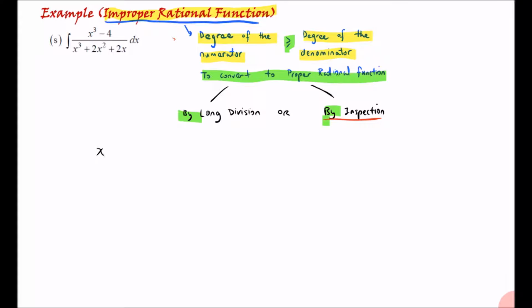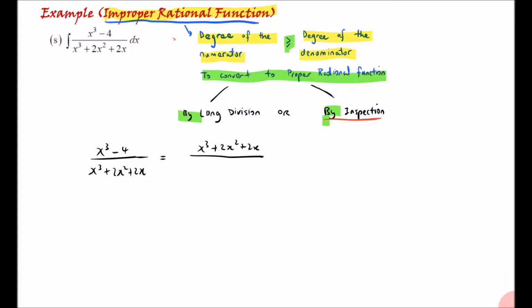Now we are doing the working to convert to a proper fraction: x cubed minus 4 over x cubed plus 2x squared plus 2x. First step of the inspection method, as we learned before, you write down the denominator in the numerator position.